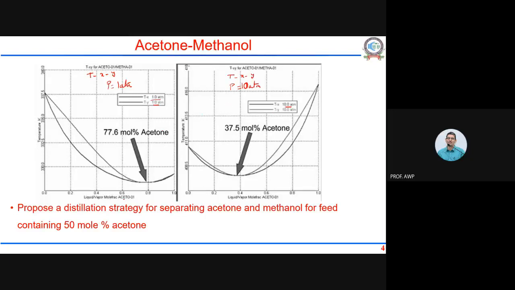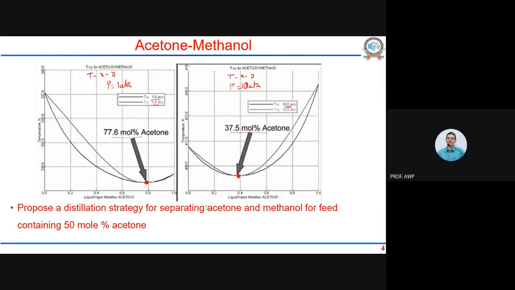This is now acetone and methanol. At 1 atmosphere, there is a minimum boiling azeotrope somewhere here. It has a composition of 77.6 mole percent acetone. At 10 atmospheres, the azeotrope composition is 37.5 mole percent acetone.